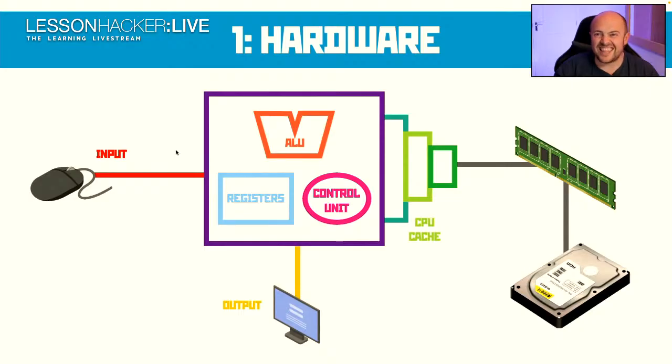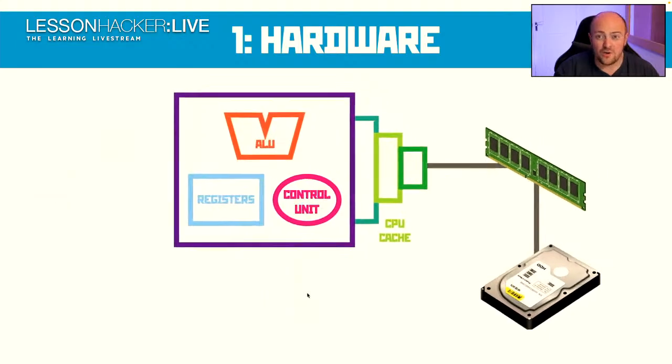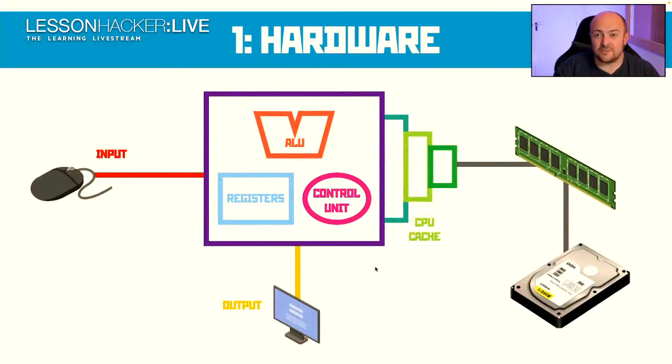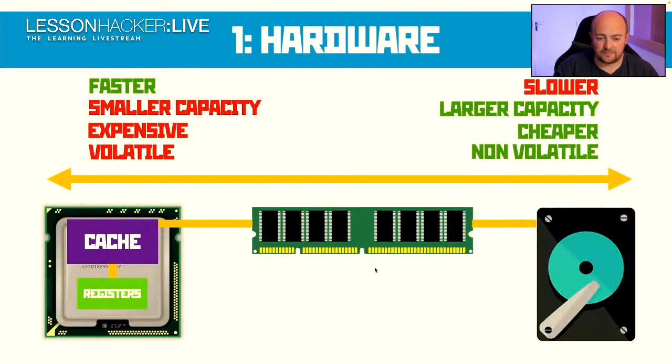Input devices, things like mice, keyboards, cameras, heat sensors, stuff like that, send information into the processor. If the processor is sending information out, like a video signal for a screen or audio, we'd have it in the output. All of those things you need to be able to talk about when we're talking about hardware.